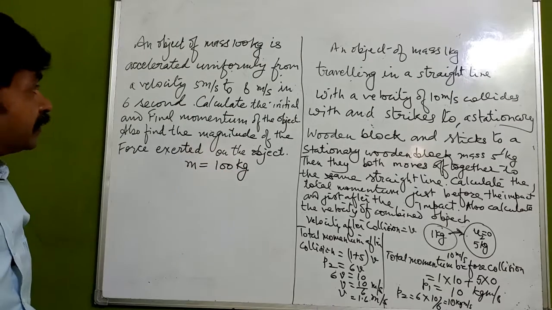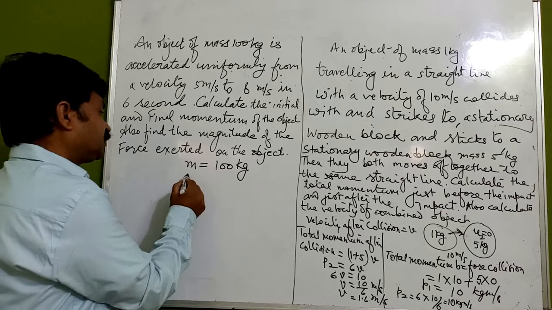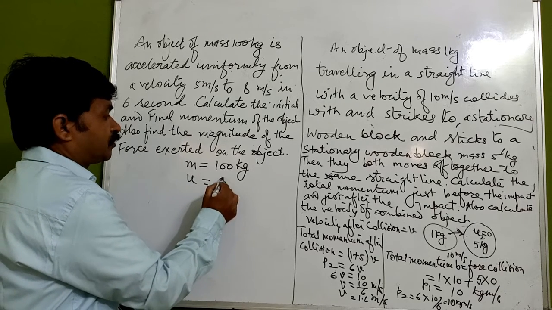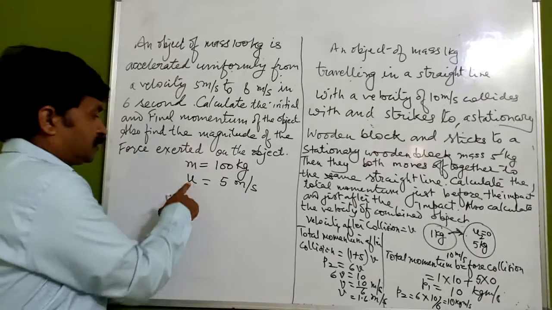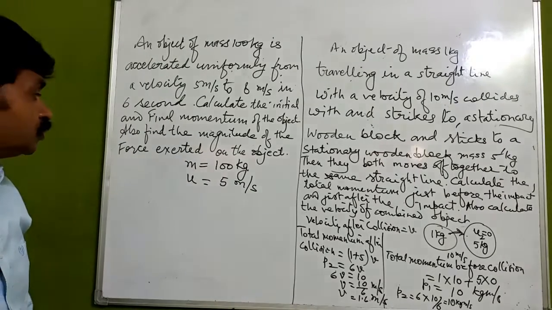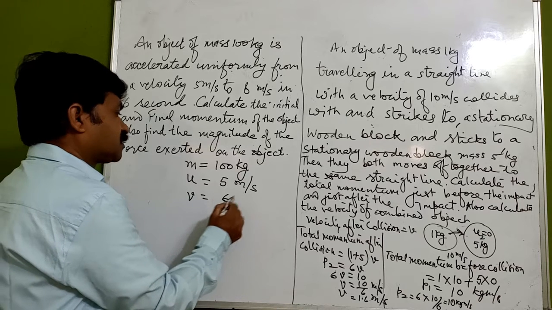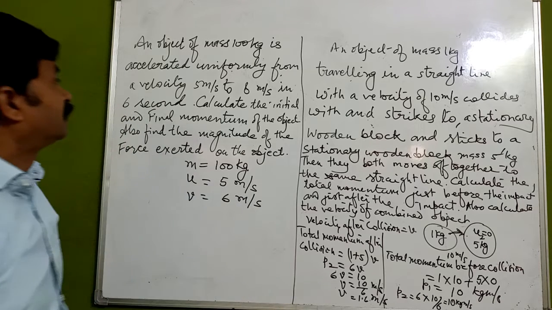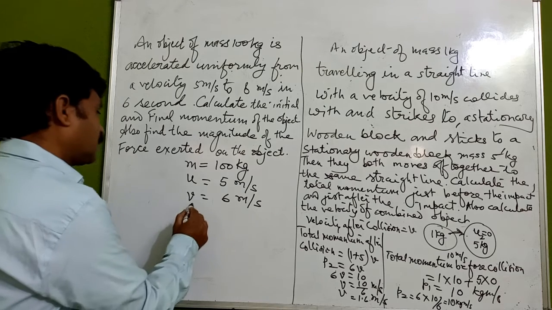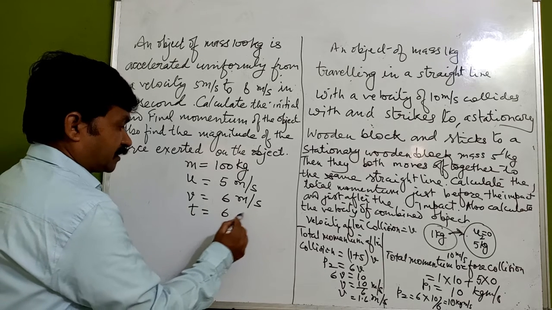Initial velocity u is also given, 5 meter per second. Final velocity is 6 meter per second in 6 seconds. Time is also given to us, 6 seconds.